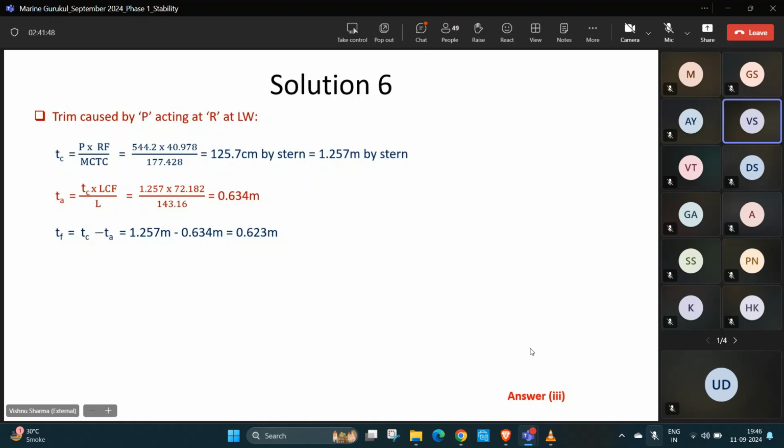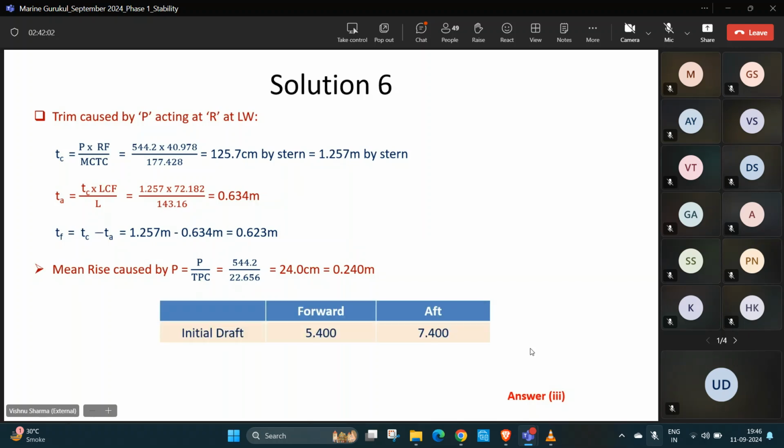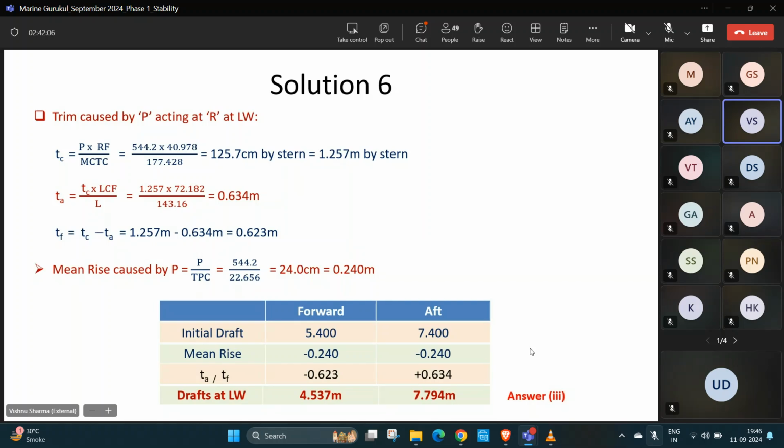Anybody has any doubts, let me know. We'll also get the mean rise, guys, for this P of 544.27. It comes to 0.240 meters, and we'll apply this to the initial drafts forward and aft. And this process, I'm sure all of you are comfortable with. And this gives us the answer to the last part of the question.